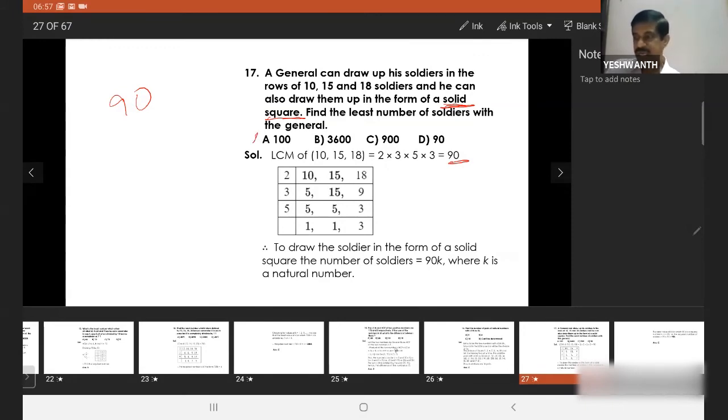So anyway, A is rejected because it is not a multiple of 90. You have possibilities of 90, 900, 3600. But 90 is not a perfect square. 900 is 30 squared. So the least number of soldiers which is a square, as well as a multiple of 90, is 900. So therefore, answer is option C. Please note it fast.